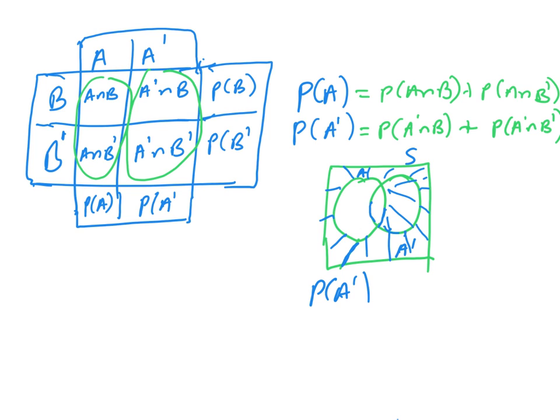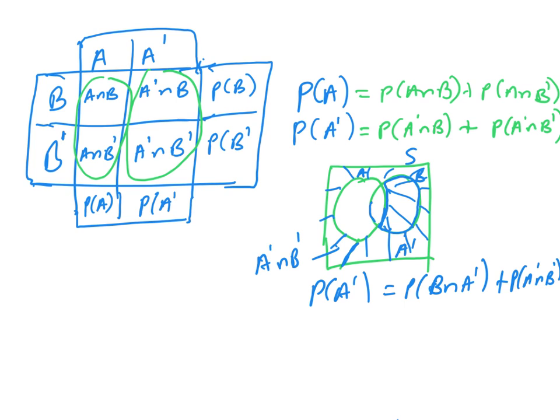There's this area here, which is set B, the probability of B intersecting outside A. And then there's this other part outside here, A complement intersecting B complement. So plus the probability of A complement intersecting B complement.